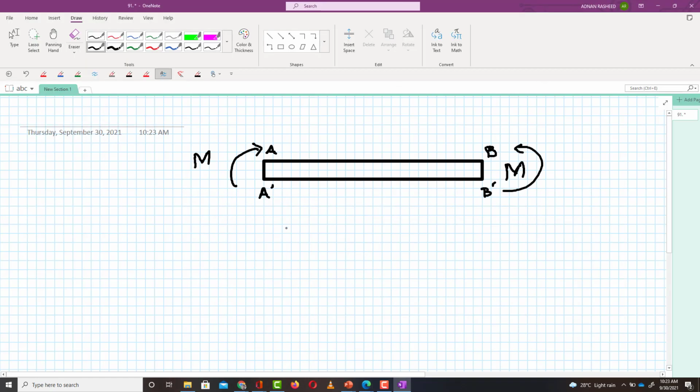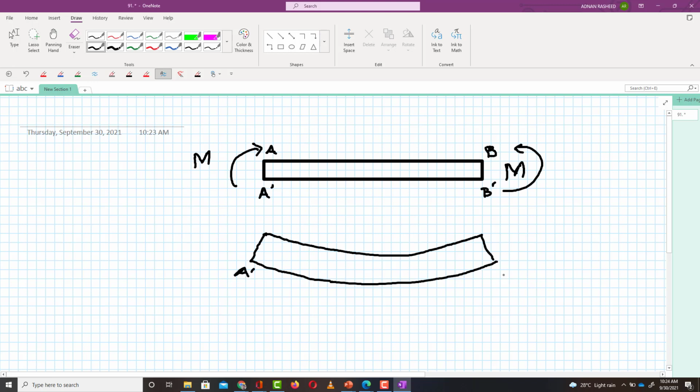Due to this type of loading, this beam will tend to bend. It will look just like this shape. Clear? So this is A dash, B dash.